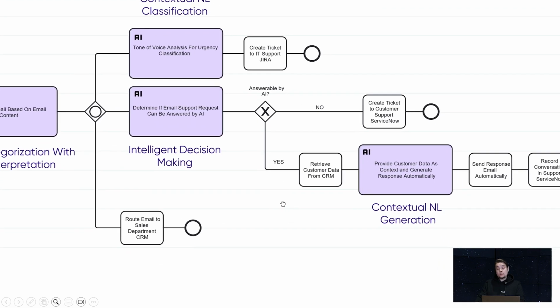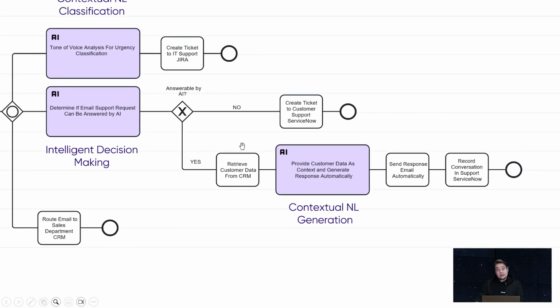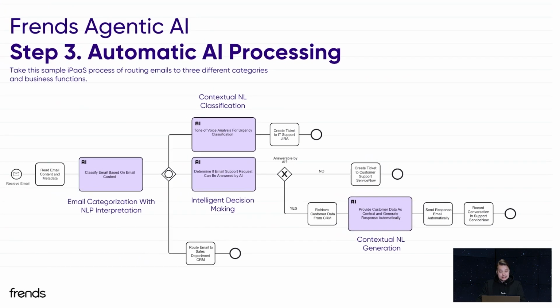But if yes, what we can then actually do is retrieve the customer's data from the CRM system, including all the previous conversations, what sort of business plans or models are in place, and feed that along with the original email as context for our final AI model here to allow for contextual natural language generation, which basically allows the AI now to generate a personalized answer to the email the customer is actually asking or sending about the issue or whatever question they might have had.